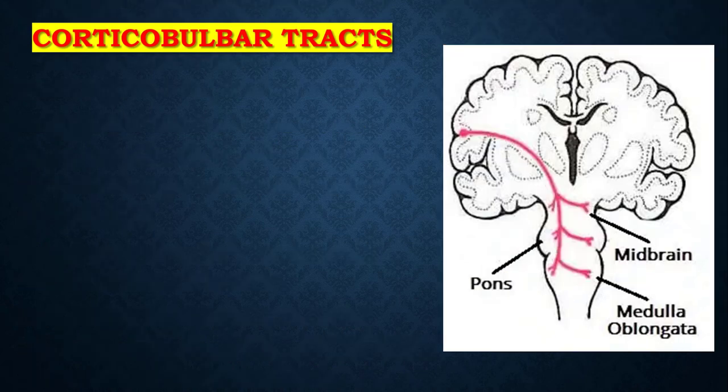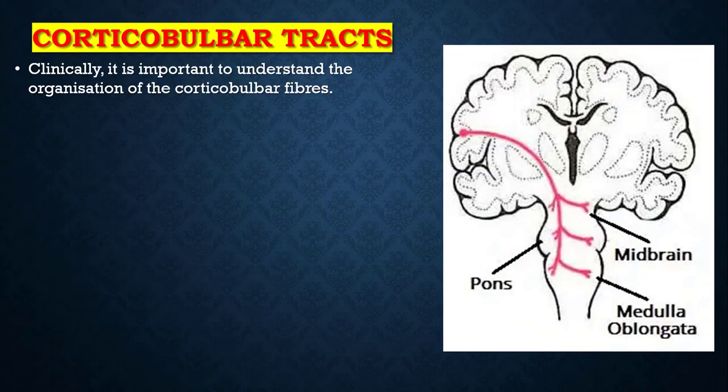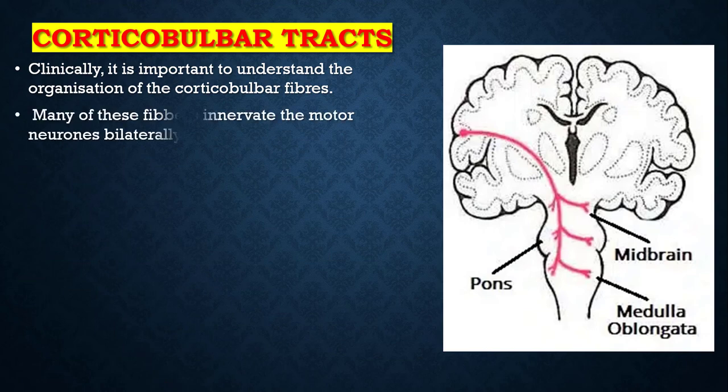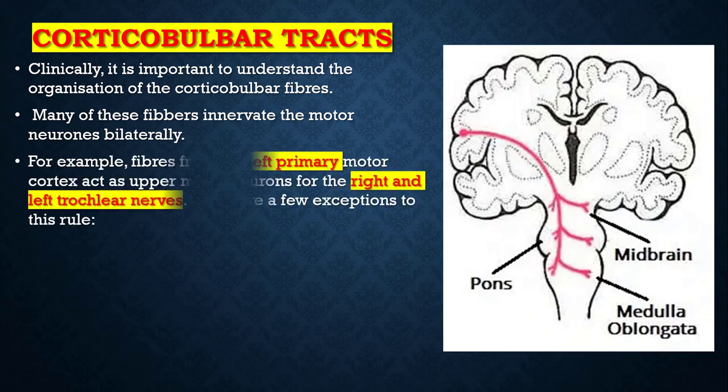Clinically, it is important to understand the origination of corticobulbar fibers. Many of these fibers innervate the motor neurons bilaterally. For example, fibers from the left primary motor cortex act as upper motor neurons for the right and left cranial nerve.